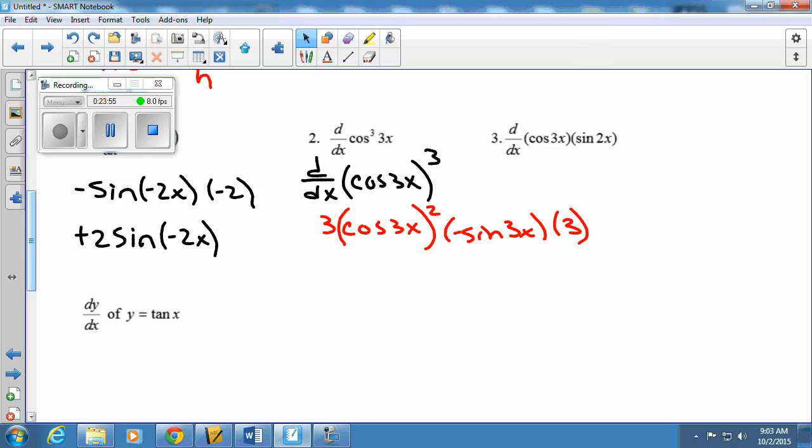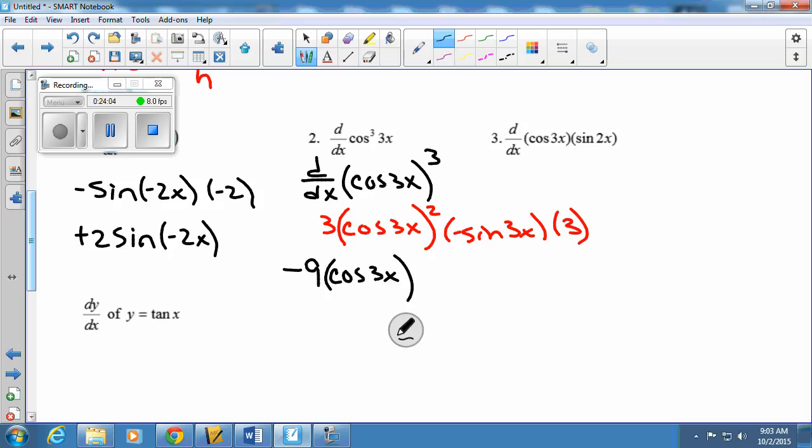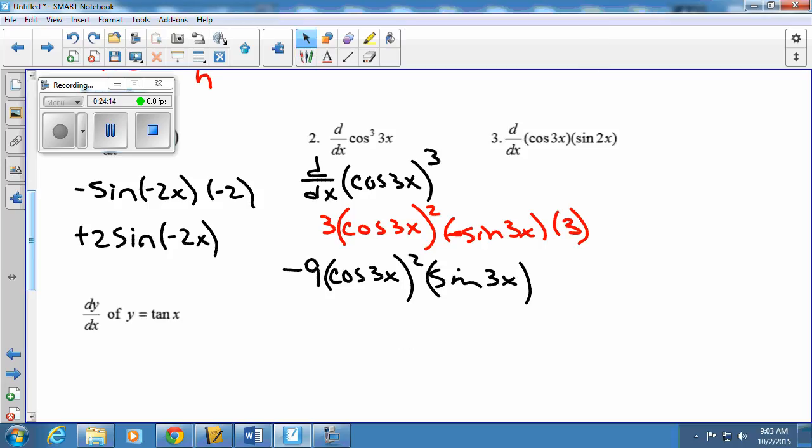That's a lot. So if I sorted all this out, it would be negative 9 cosine of 3x quantity squared. Yeah, this negative, which isn't real apparent, is right there. So the derivative of cosine is negative sine.